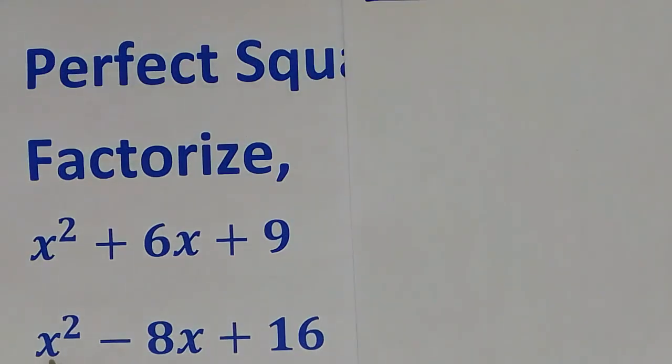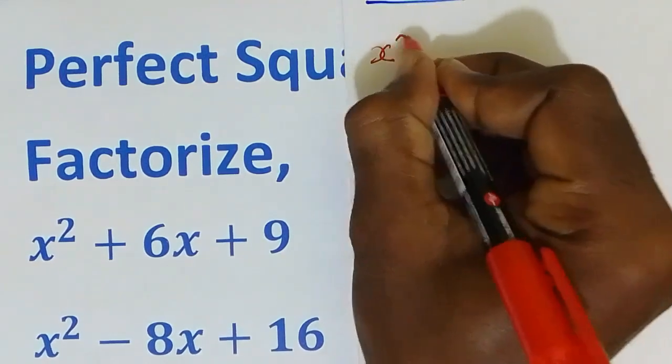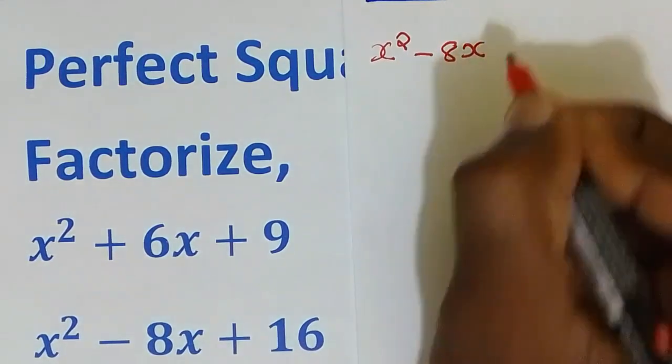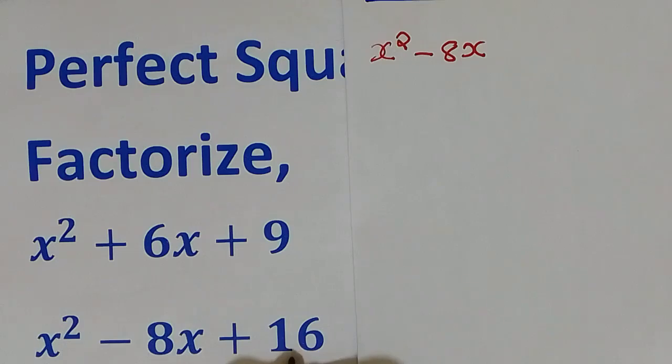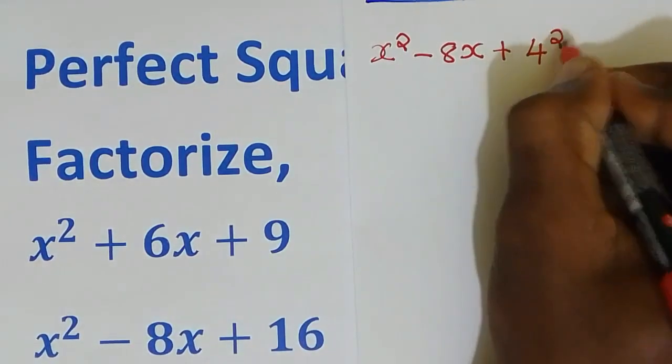Let us do question number 2. We have x squared minus 8x plus 16. First, we are going to put it in the form of a perfect square. That is going to be x squared minus 8x plus 16, where 16 is the same as 4 squared.